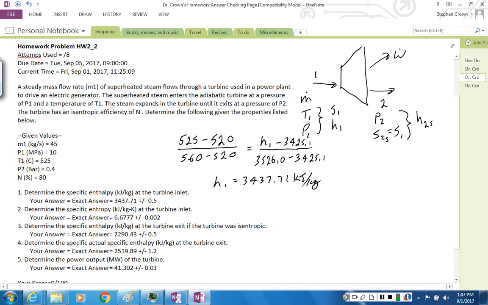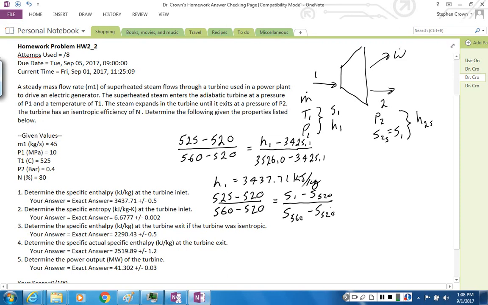If I do that, same 525 minus 520 over 560 minus 520 equals S1 minus the S at 520 over the entropy S at 560 minus the S at 520.